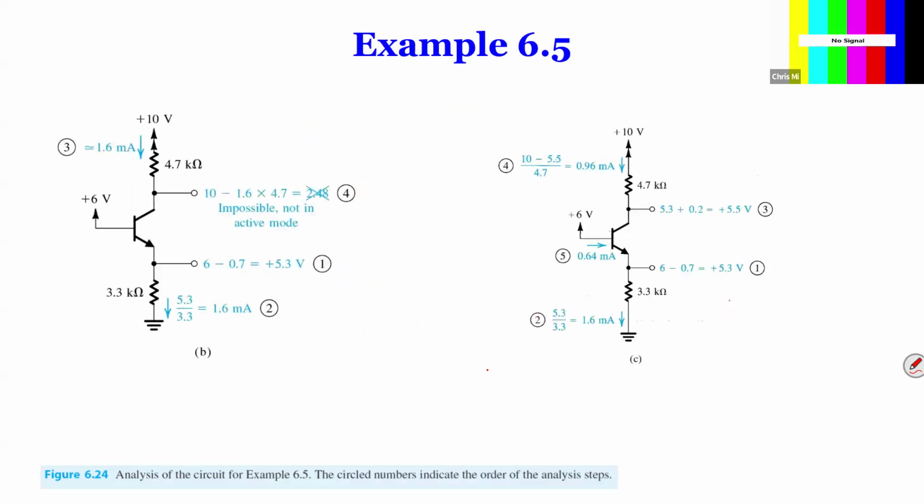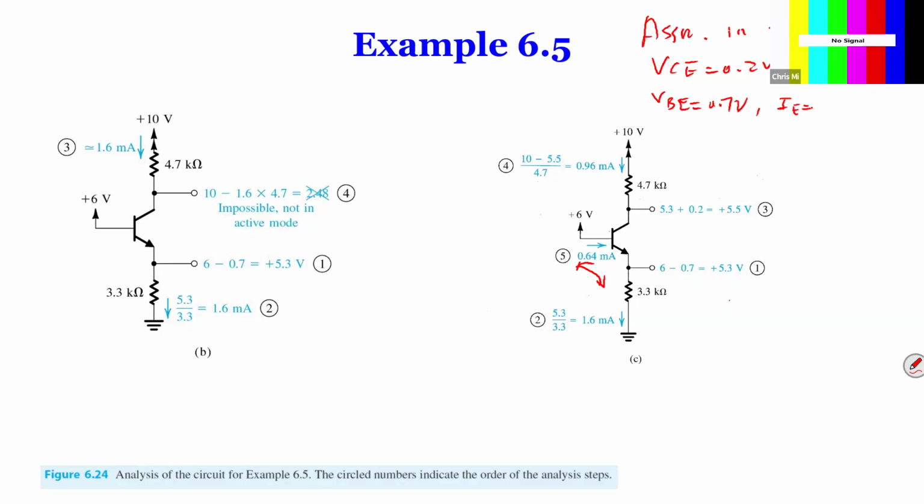Let's see, do I have a slide? Yeah. So the next one, we assume saturation. So I'm just going to do it here. Assume in saturation. So if we assume saturation, VCE will be 0.2 volts. Remember VBE is 0.7, so IE doesn't change.